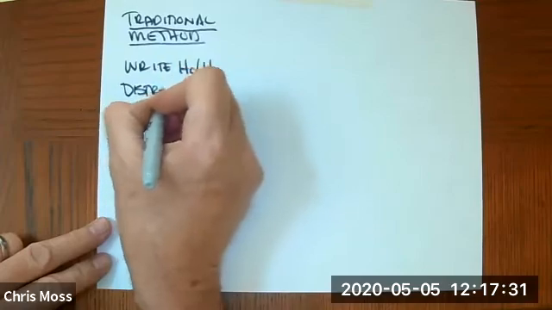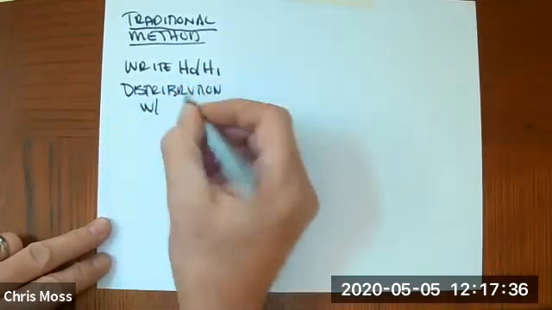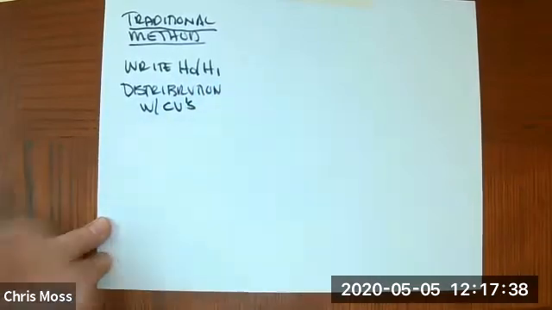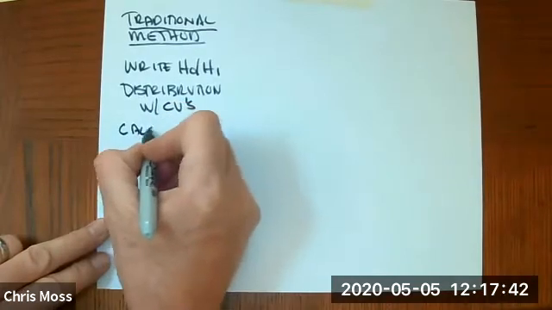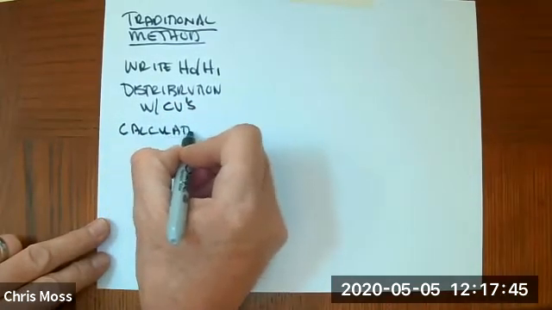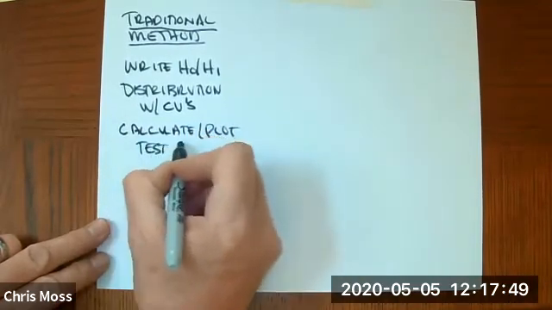Then I will draw the distribution with the rejection region and any critical values. I will then calculate and plot the test statistic.